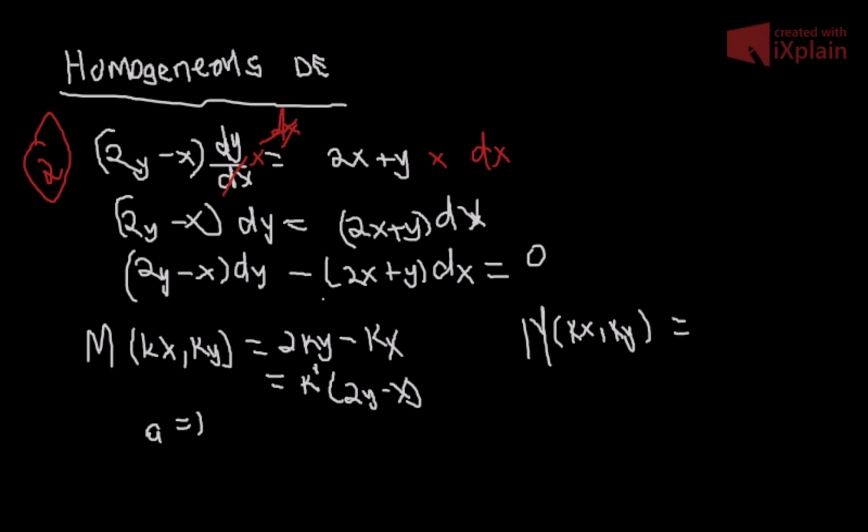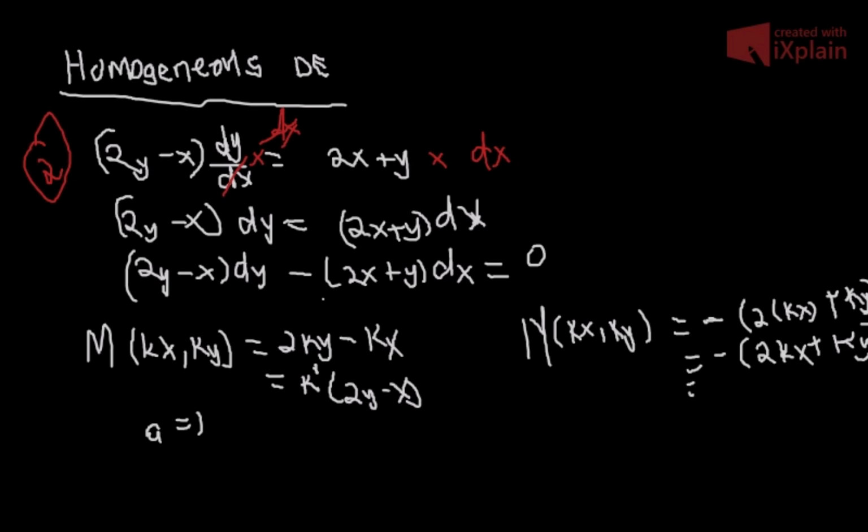Now, n kx ky is equals to negative 2 kx plus ky.